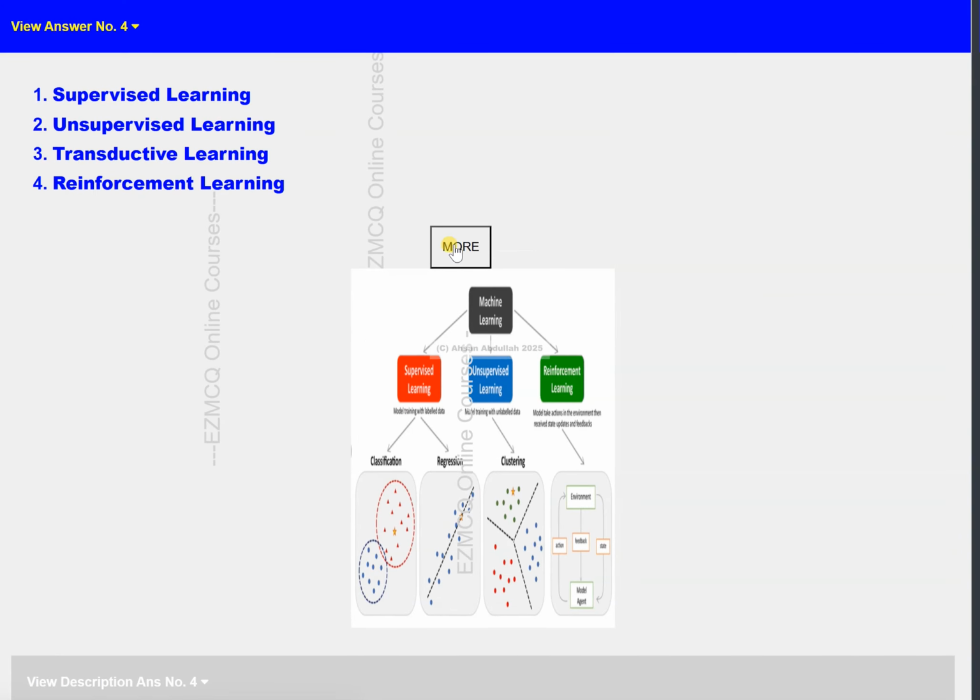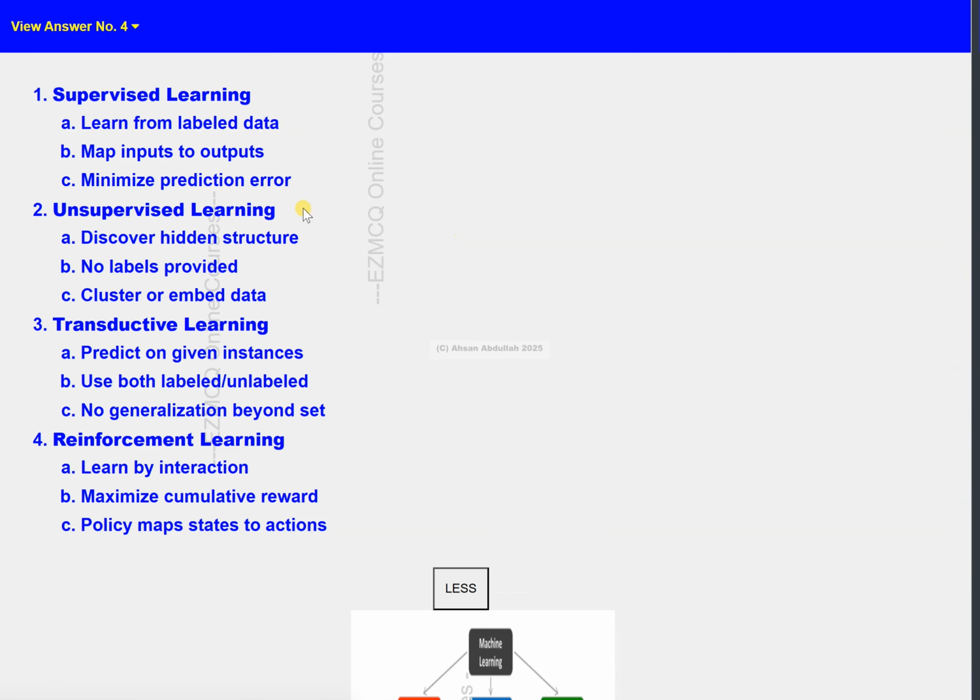So, reinforcement learning is quite different. We have covered supervised and unsupervised learning. Spending slightly more time on transductive learning: it focuses on predicting specific test instances without creating a general model for all possible inputs.